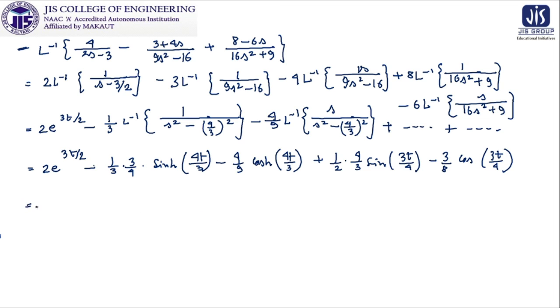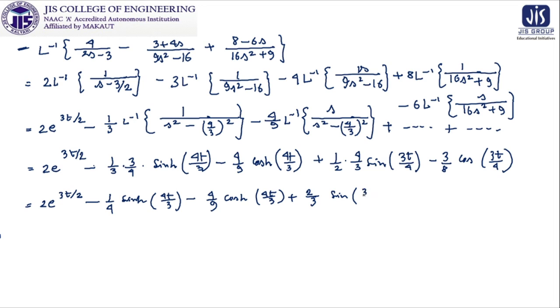So finally we can write down the answer as 2 into e to the power 3t by 2 minus 1 by 4 sine hyperbolic 4t by 3 minus 4 by 9 cos hyperbolic 4t by 3 plus 2 by 3 sine of 3t by 4 minus 3 by 8 cos of 3t by 4.